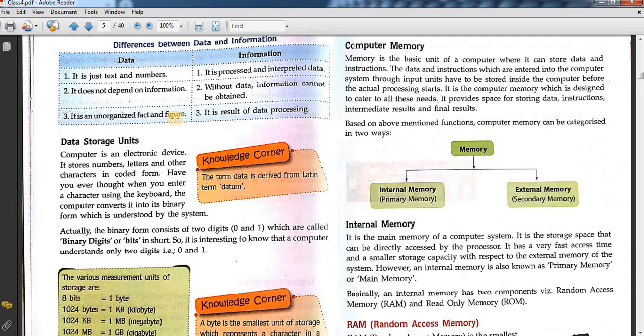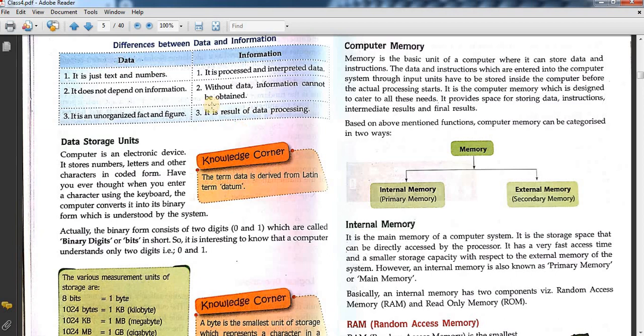That means it is data that is not organized. Suppose we are giving numbers like 2, 3, 4. We cannot understand what these are. And information is the result of data processing. Suppose we are adding 3 numbers, 2, 3, 5. The final result, that is the output of that addition, will be the information.